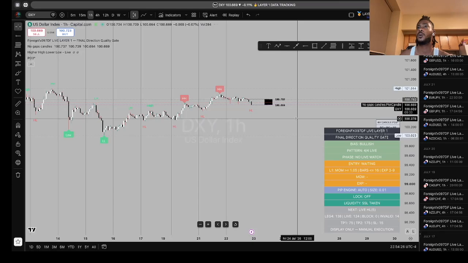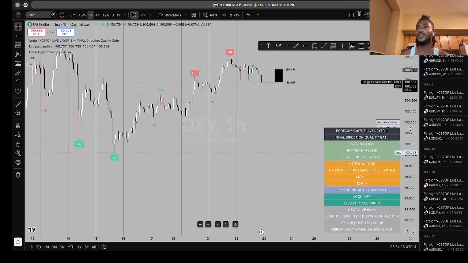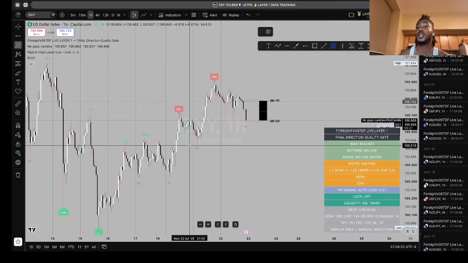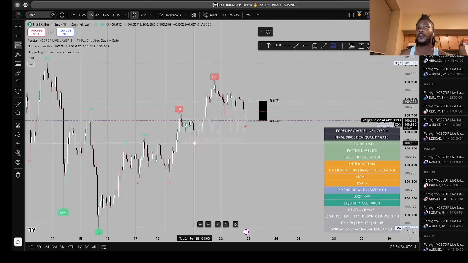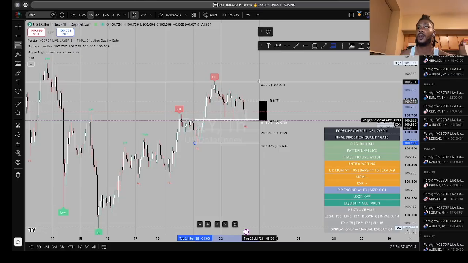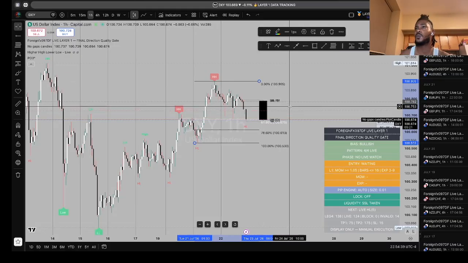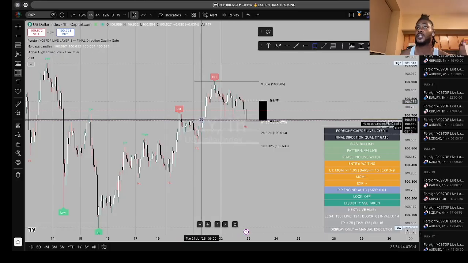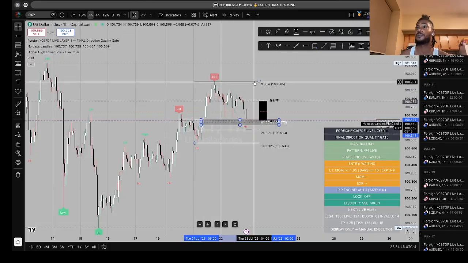Looking at the 1 hour, I could see a potential correction as well. If we pull a fib from this low to right there, we're currently sitting at the 61% fib. So maybe we get some reaction, and it's also within a fair value gap.